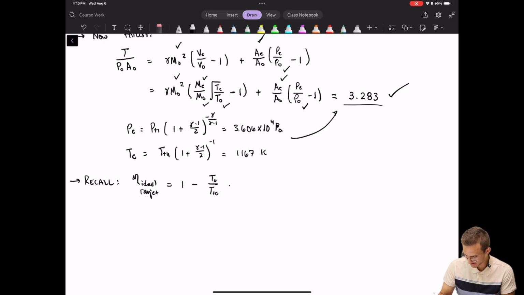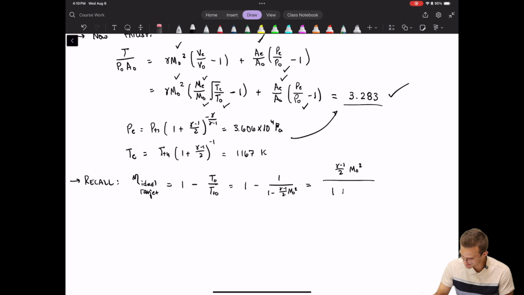Okay, and we can actually just write that in terms of the Mach number. That's 1 minus 1 over 1 plus gamma minus 1 over 2, M naught squared. And if we simplify that further, we get gamma minus 1 over 2 times M naught squared over 1 plus gamma minus 1 over 2, M naught squared.